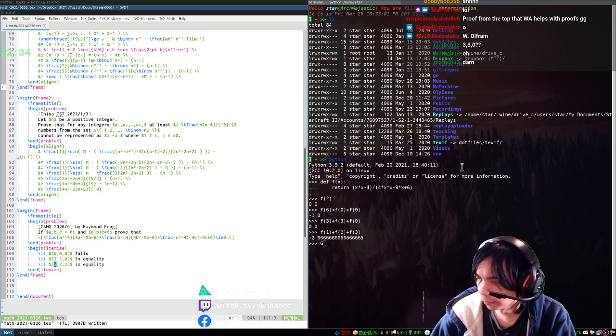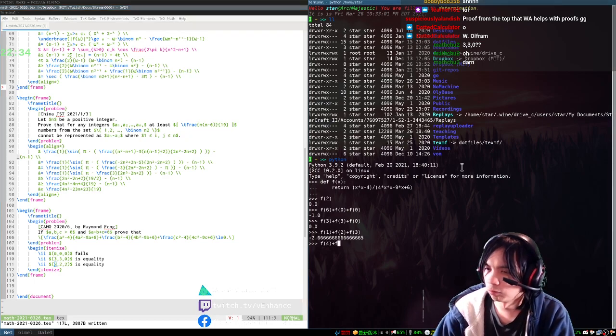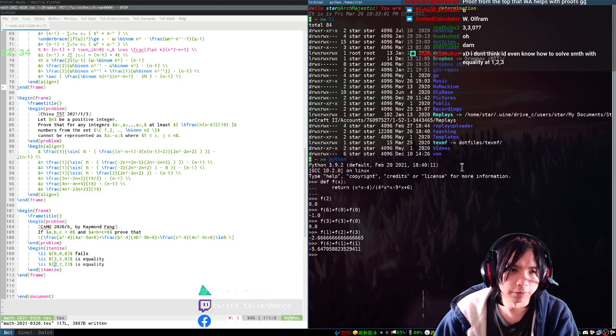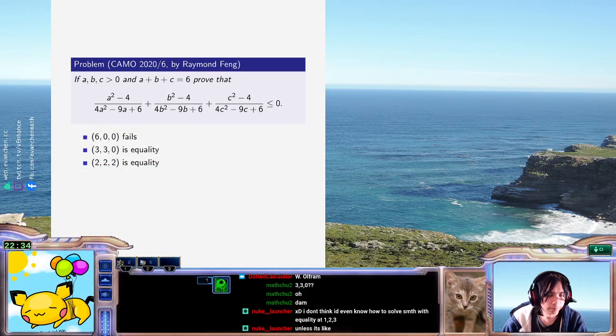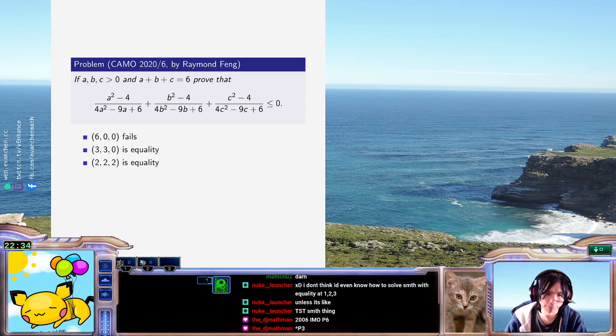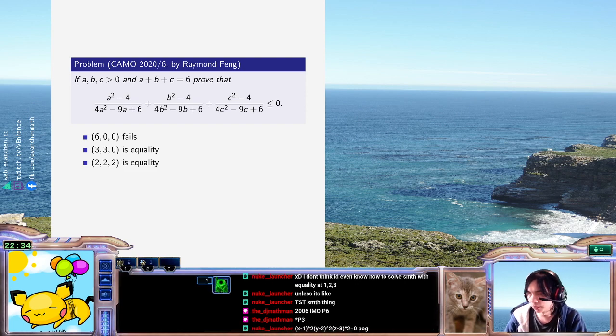Are there any others? f of 4, 1, 1 is I think the other one I want to try. Alright, so that's a cursory start. So we at least know there's equality both at 3, 3, 0 and 2, 2, 2. So the tangent line trick is promised to not work, unless the function has a tangent at both 2 and 3 or something ridiculous like that.